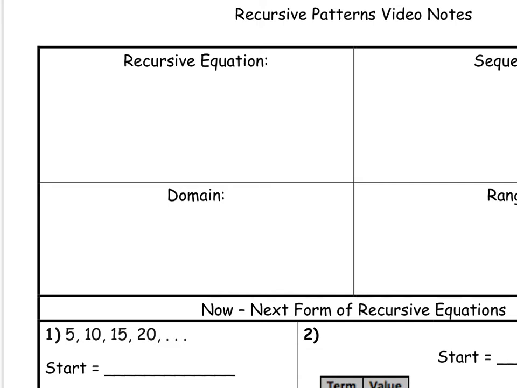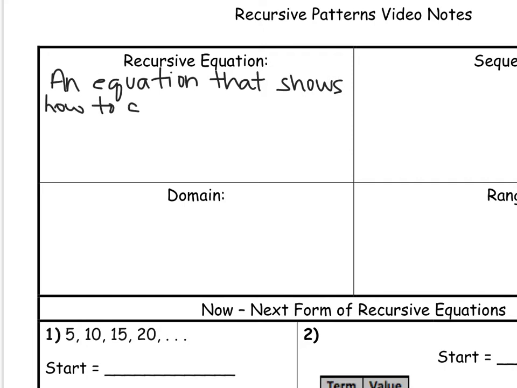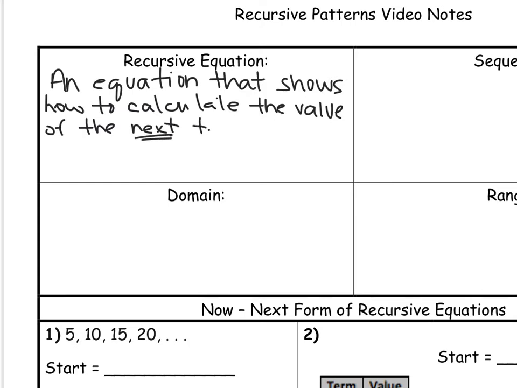Okay, our first definition is, what is a recursive equation? A recursive equation is an equation that shows how to calculate the value of the next term in the sequence from the value of the current term.